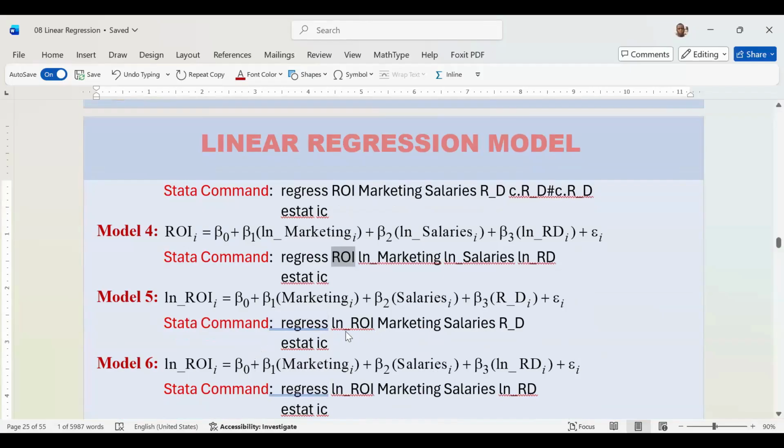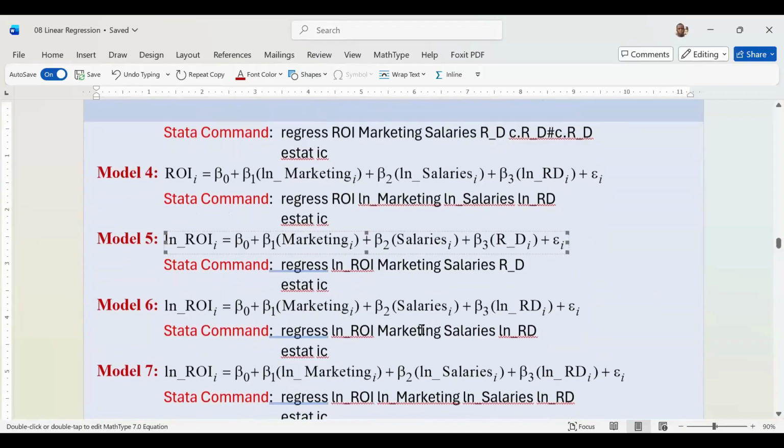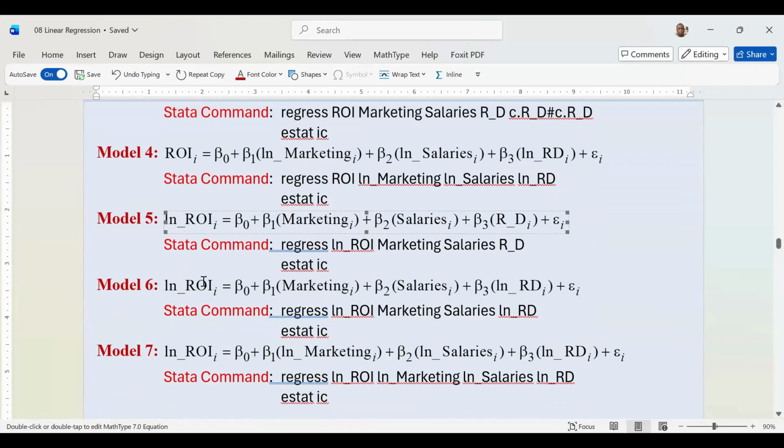The fifth one, we took the natural log of the dependent variable and maintained all the independent variables. Then the sixth model, we take the natural log of the dependent variable and then the natural log of R&D. That's the sixth model.